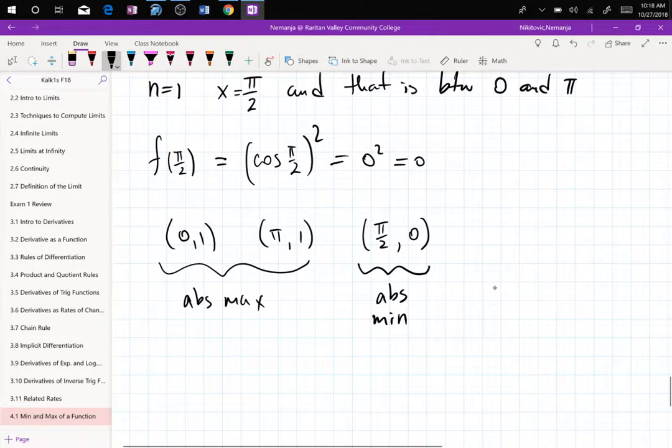I'm going to now also graph the previous problem, 1 over x plus ln x.